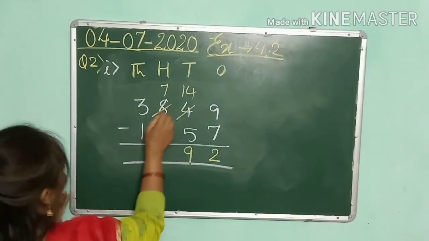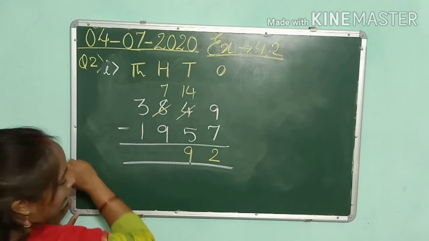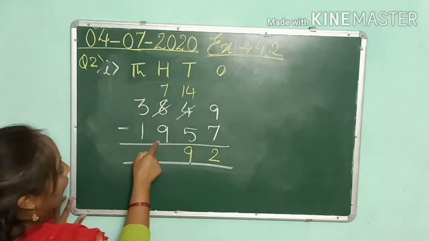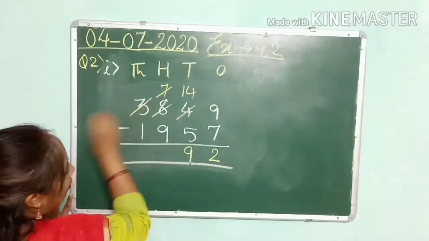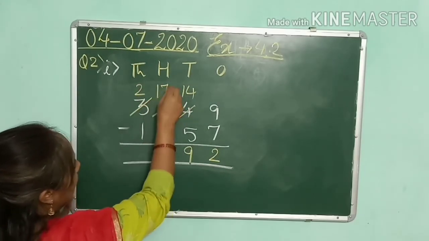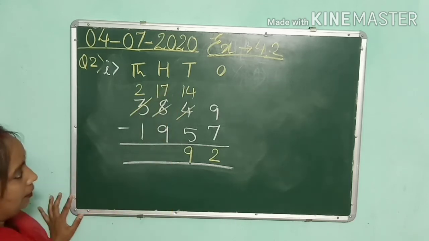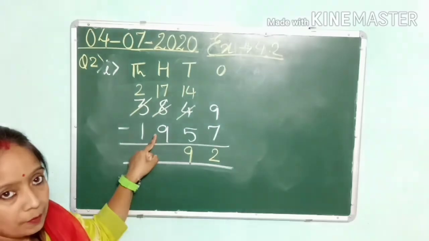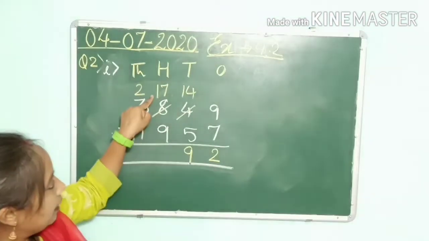Now you have to subtract 9 from 7. 7 is smaller than this 9. So we need to borrow. 3 becomes what? 2. And this 7 becomes 17. Now you will subtract 17 minus 9. After 9 you start counting till 17.